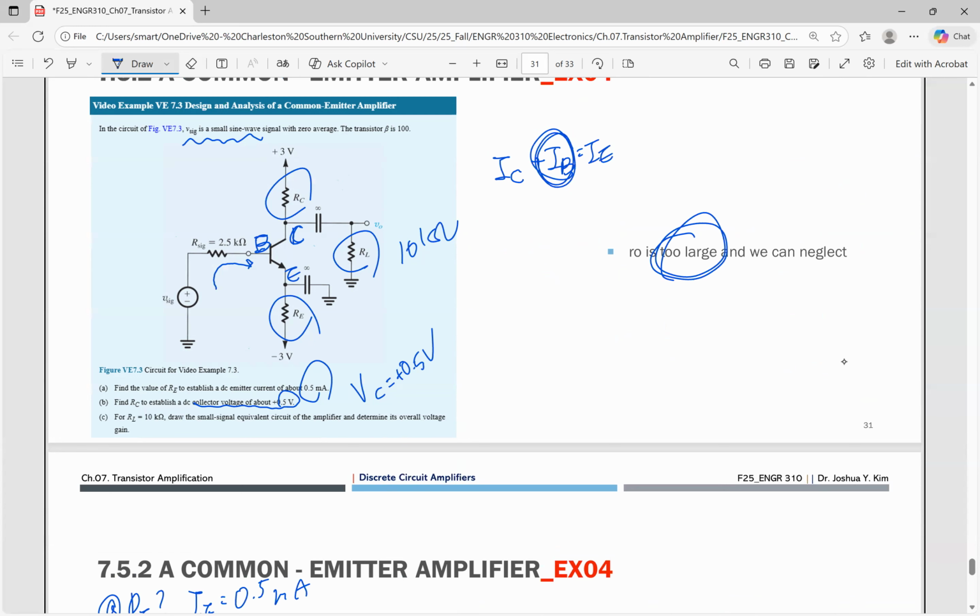But the I sub B is very, very small, right? Because the beta is very high. So the I sub C from the question is 0.5 milliamp. So what is the I sub B?